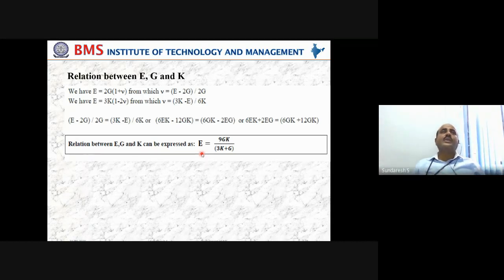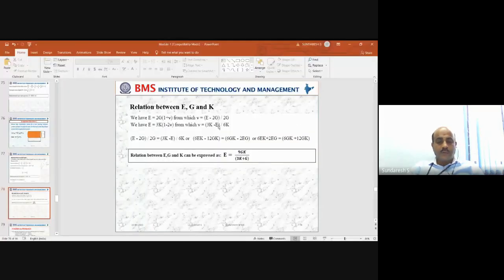If everything is understood, I think that is the module 1. The concepts have been completed. The only thing left out is the numerical problems. Anything to ask over here? You can ask before I start with the numerical problems.